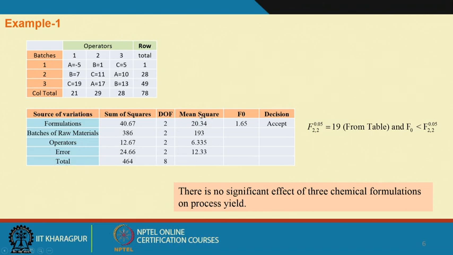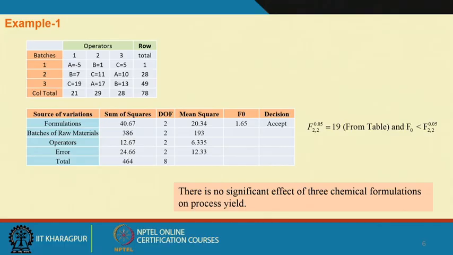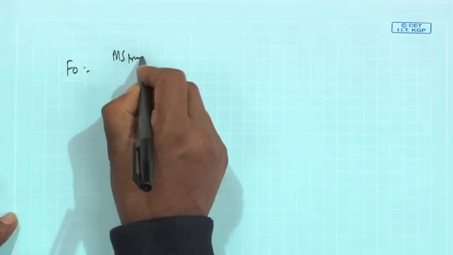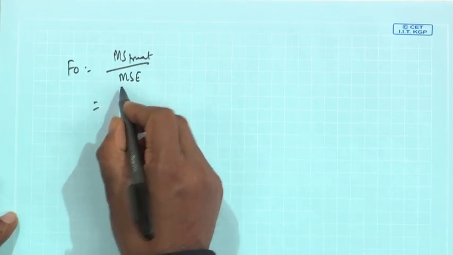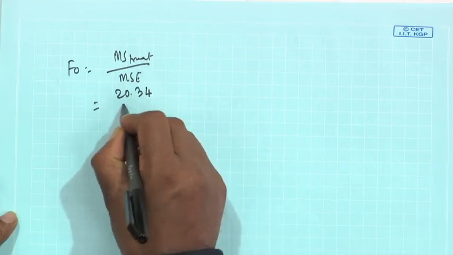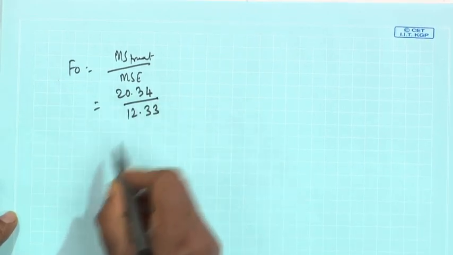Then we calculate the mean squares, and for the treatment we find the F0 value. What is F0? F0 is MS treatment by MSE. In this case MS treatment is 20.34 and MSE is 12.33.